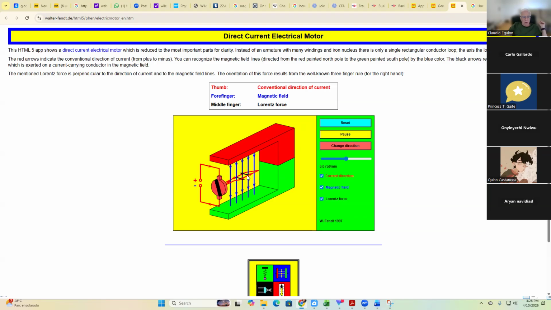That's the direction of the force that you see right here, the black arrows. Okay, Lorentz force. I'm going to turn it off. See, I turned it off. Turning back. The black arrows are the Lorentz force. And this Lorentz force produces a torque in this loop. That's the principle of the electric motor.